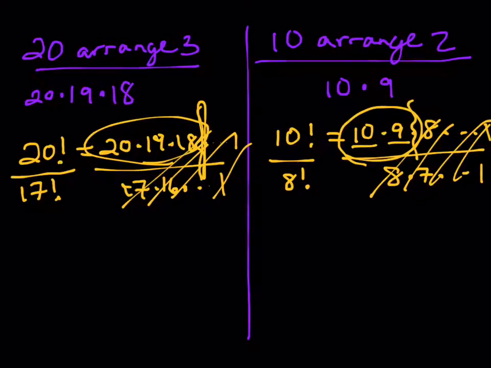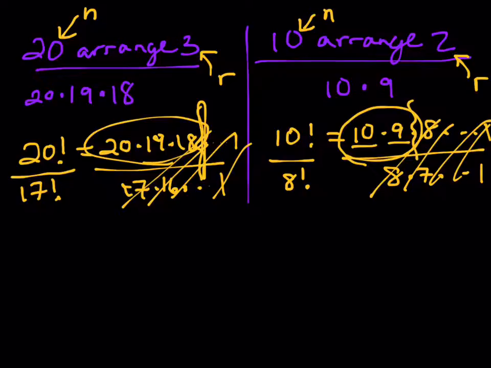Then what we need to do is just make this a little more abstract. So instead of specific numbers, we want a single formula that works in every situation. If I call this first number n, for the number of options available, and I call this second number r, which represents the number that we're choosing or arranging in a certain order, then you can see the formula I've started to develop is n factorial over something factorial.